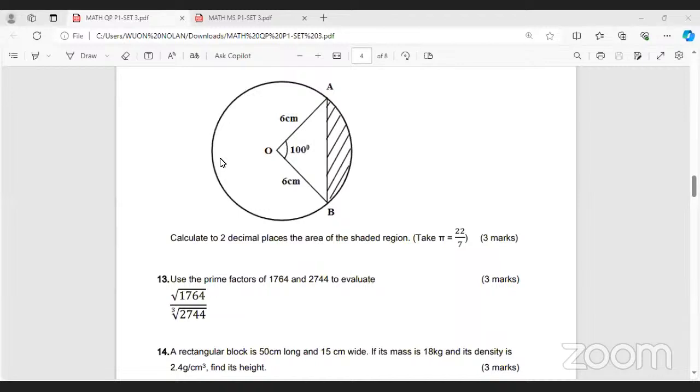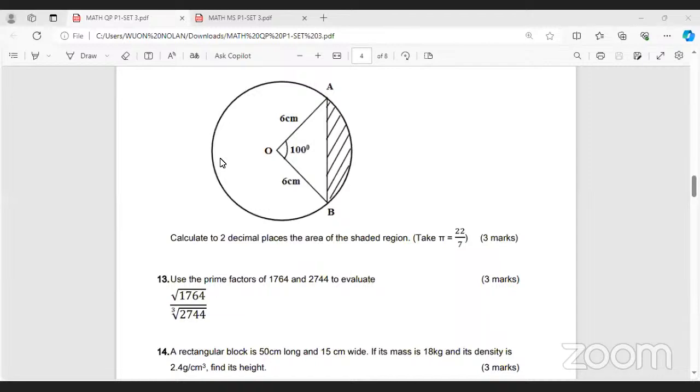The area of a sector is theta over 360 pi r squared. The pi we've been asked to use is 22 over 7, as you can see in the question. So you follow that to the letter, the pi given, 22 over 7.